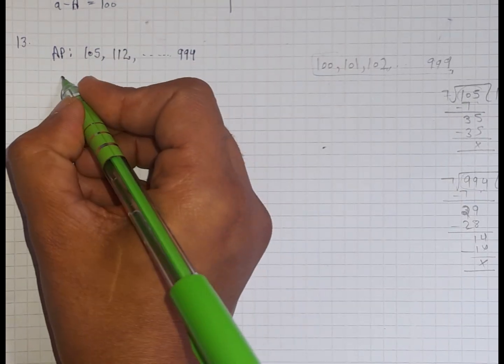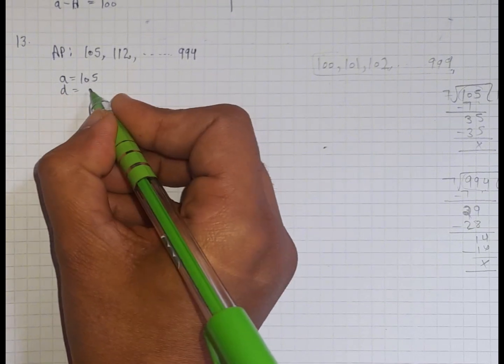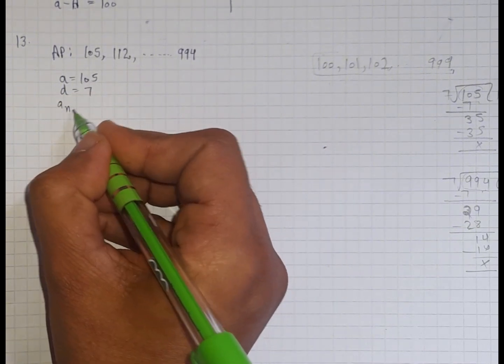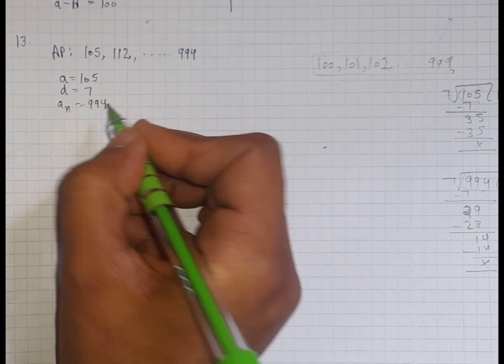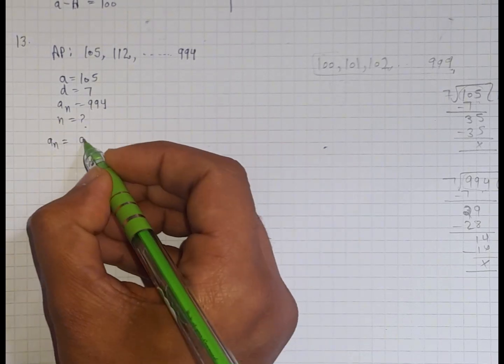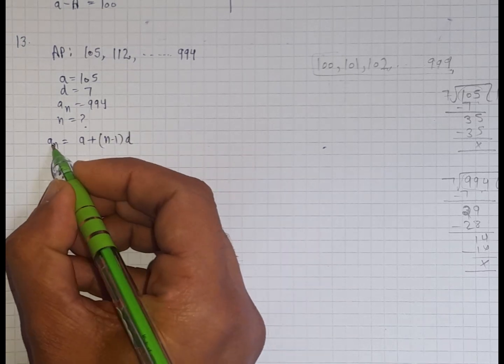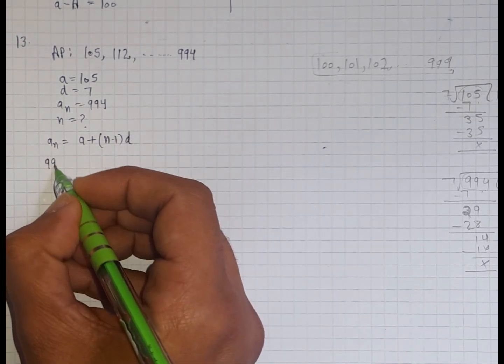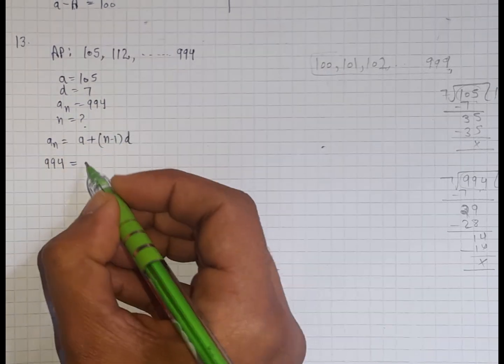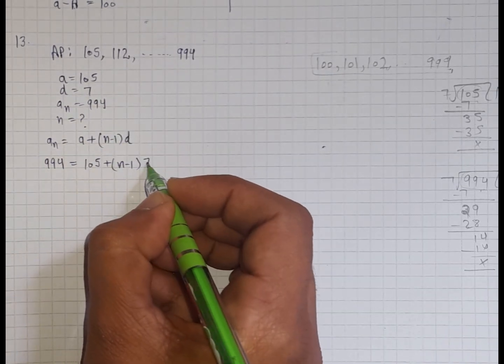So here a equals 105, difference equals 7, an is 994, and we need to find n. By the nth term formula, an equals a plus (n minus 1) into d.